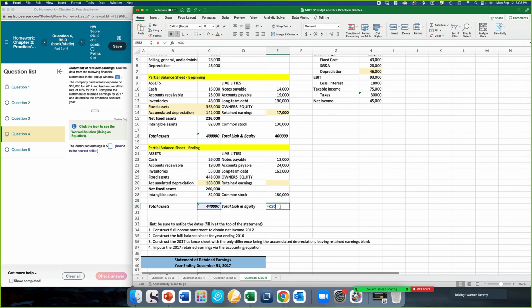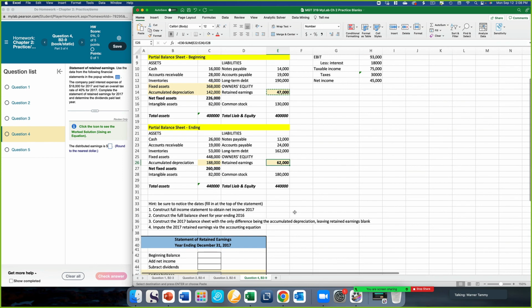So our liabilities and equity has got to be the same. Now we can copy this retained earnings calculation and put it down here. And now we have 62,000 in retained earnings. Now we're almost there. Almost there with number 4.